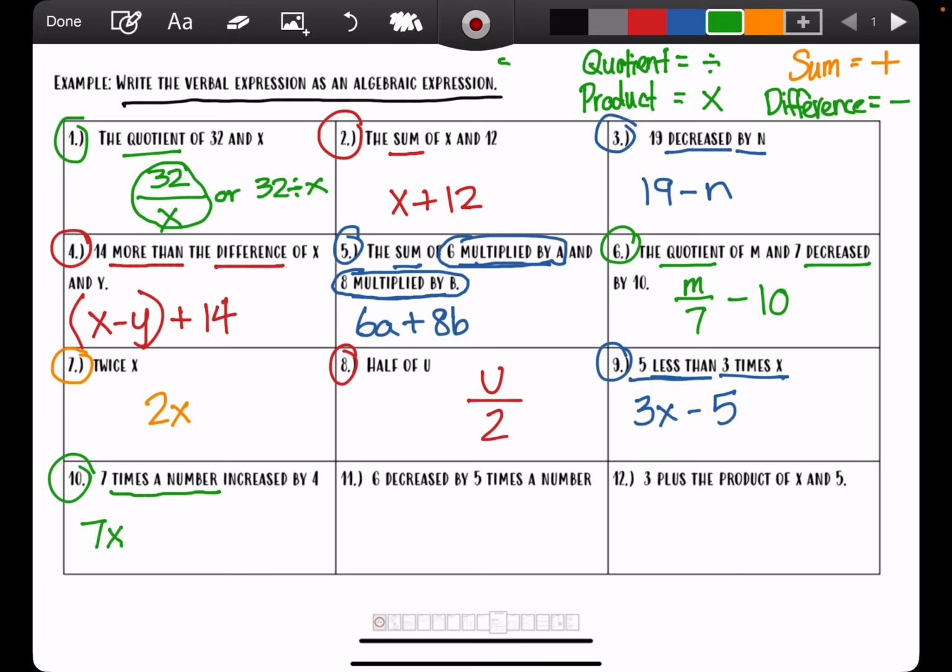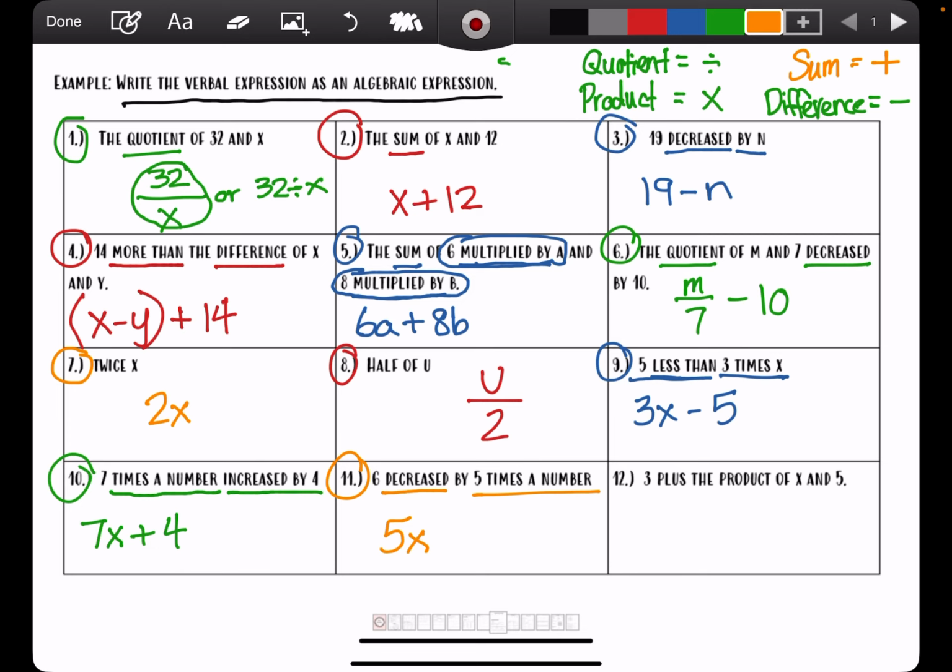Number eleven, let's do orange: 6 decreased by 5 times a number. I misread that at first. What it's actually asking is 5 times a number, which is 5x, using x to represent the number.